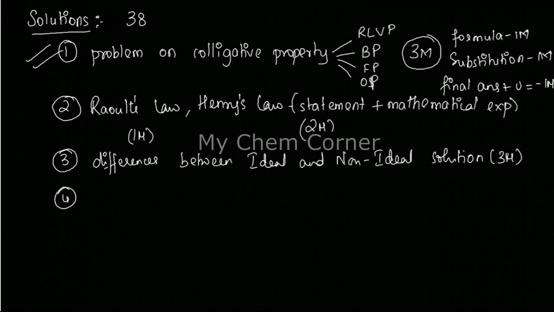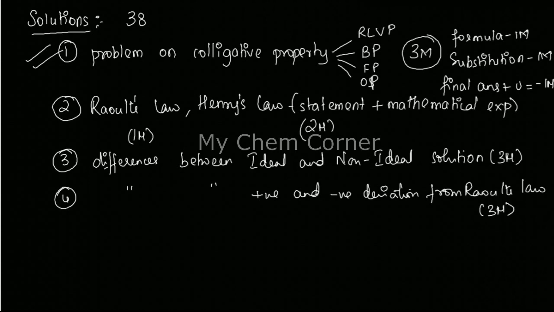All these things you can talk about in a 3-mark for a differences. Then another difference that they can ask is the difference between positive and negative deviation from Raoult's law. Alright, now this is also another 3-mark question. Same thing you can talk over here. You can tell what a positive negative deviation is.